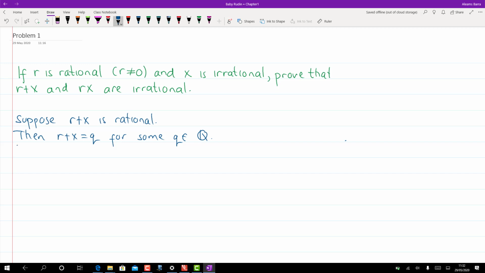It follows that x is equal to q minus r. And this is in Q, since Q is closed under addition.